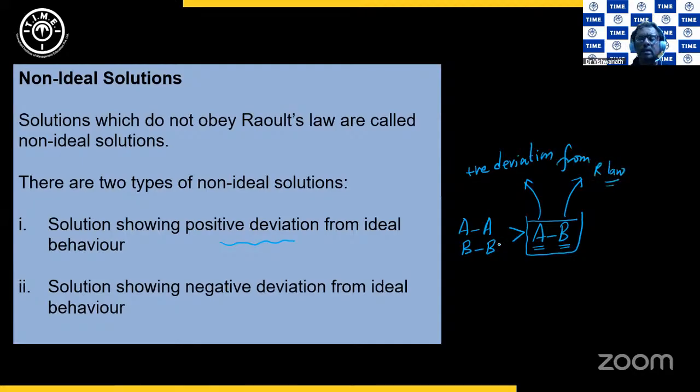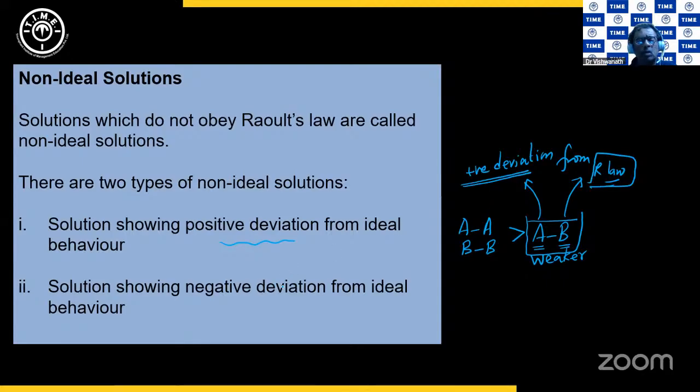When you find that the AB forces are weaker. When the AB forces are weaker, A and B want to go away from each other. And going away from each other means making more vapor pressure, more pressure than expected on the basis of Raoult's law. I hope this is clear.